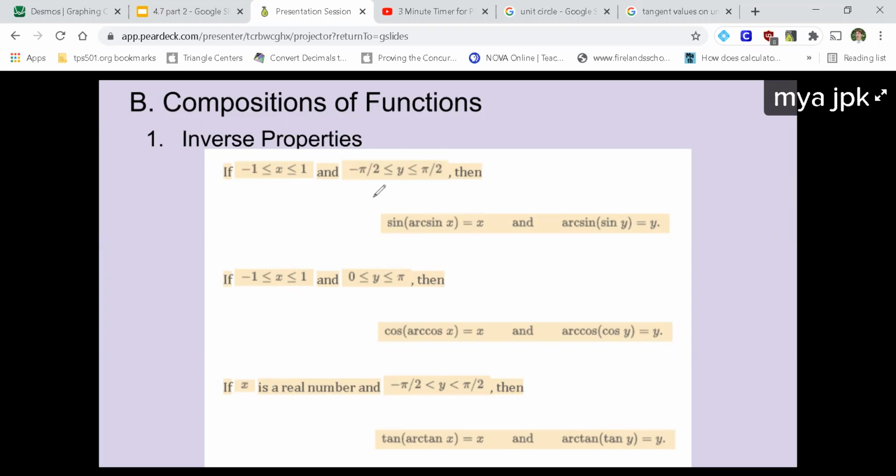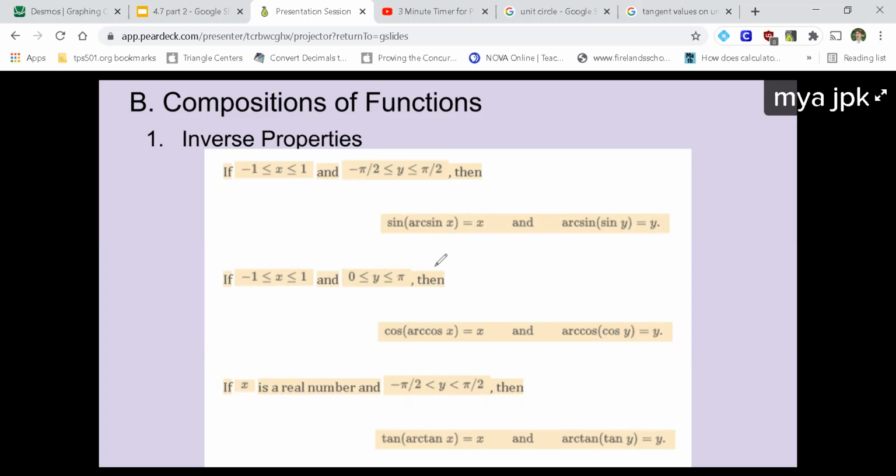So only if your x or y value is in the domain or range will these operations actually cancel out. If your x value is not in the domain, then that just means this function is undefined. And if your y value is not in the range, that doesn't necessarily mean it's undefined. That means you'll just have to work it by hand.